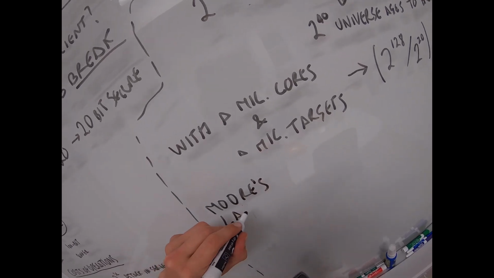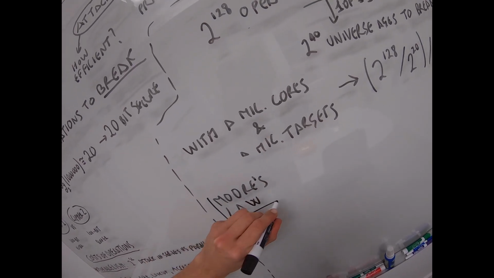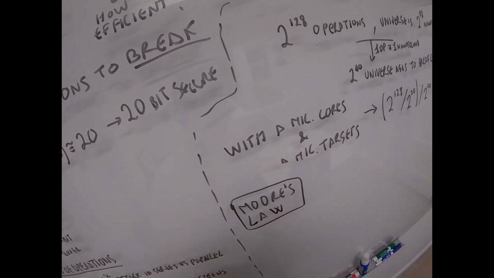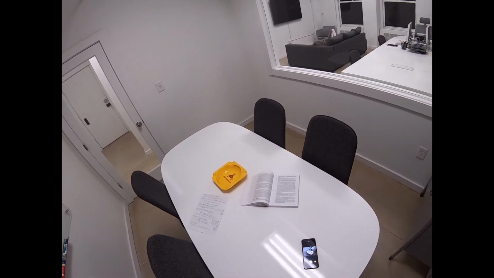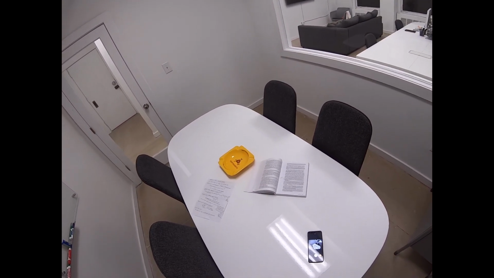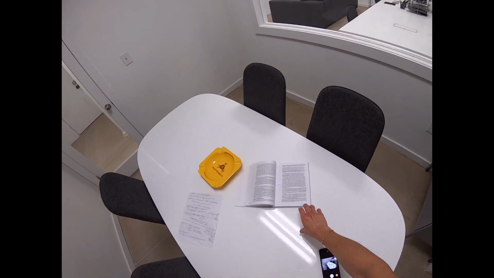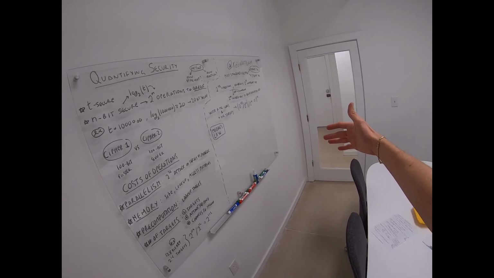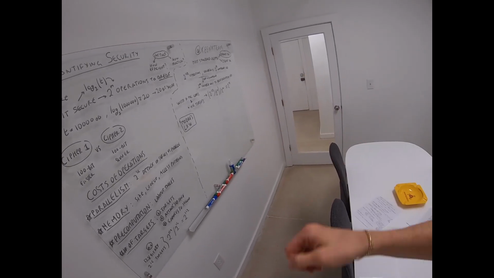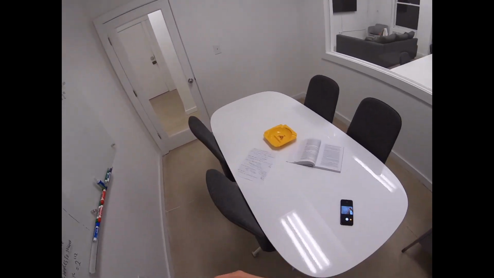Moore's law is important with regard to cryptography. Moore's law says that every 2 years the cost of computation becomes more efficient. We make faster computers every 2 years.